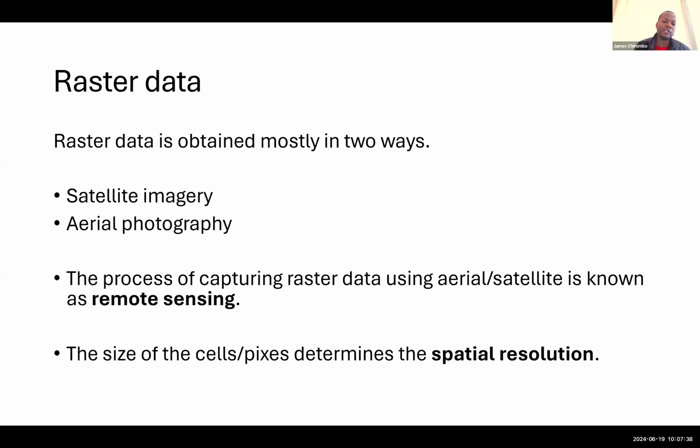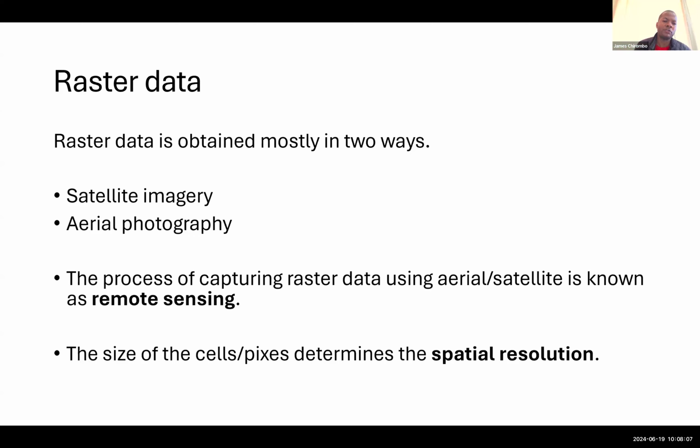So you can have some satellites taking images of the vegetation cover, the elevation, or, whether there's an event of a flooding, you can have aerial photography or satellite imagery taking pictures of the extent of the flooding. Those kinds of images will cover the entire Earth surface.